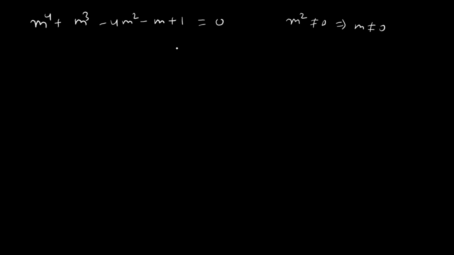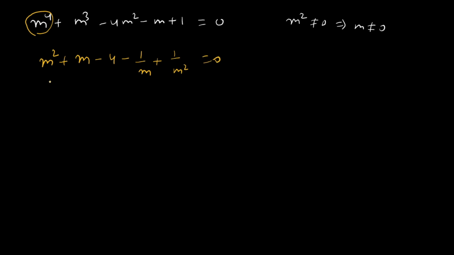Then if we divide both sides by m square, in the left hand side m power 4 is divided by m square, then we get m square, plus m power 3 divided by m square, then we get m, minus 4 times m square divided by m square, then we get 4. And here minus m divided by m square, then we get minus 1 over m, plus 1 divided by m square, then we get 1 over m square, and this is equals to 0.